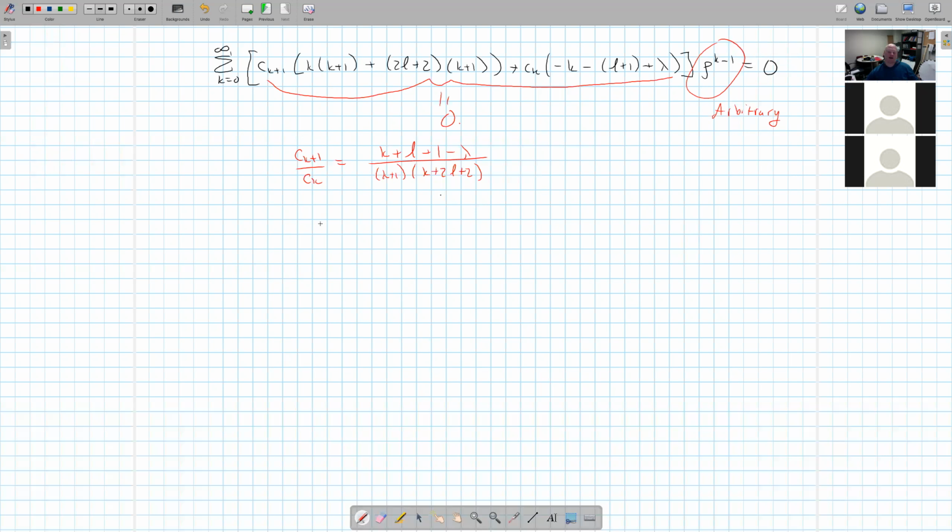Now, again, what we argue in math methods is that if we look at this recursion relation in the limit that k goes to infinity, for very large k values, the numerator goes as k and the denominator goes as k squared. So in the limit that k goes off to infinity, c_(k+1) divided by c_k goes as 1 over k.